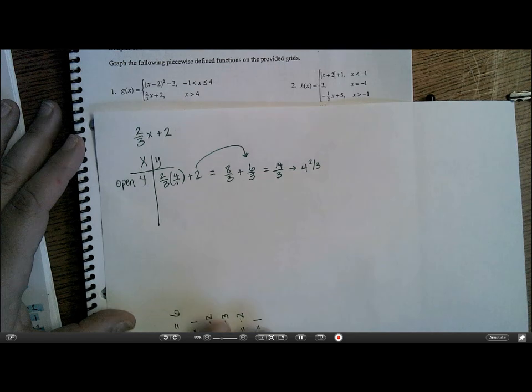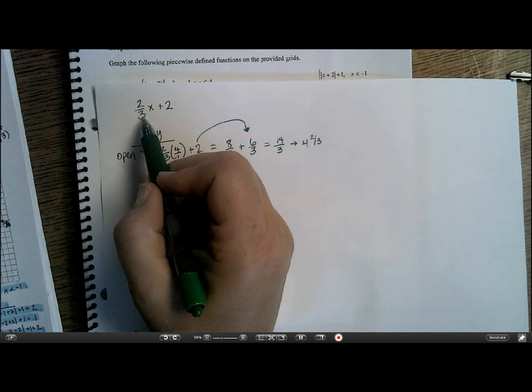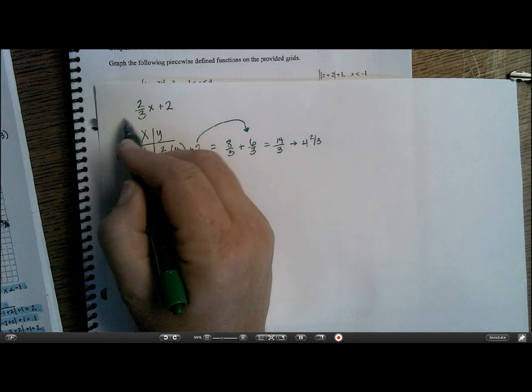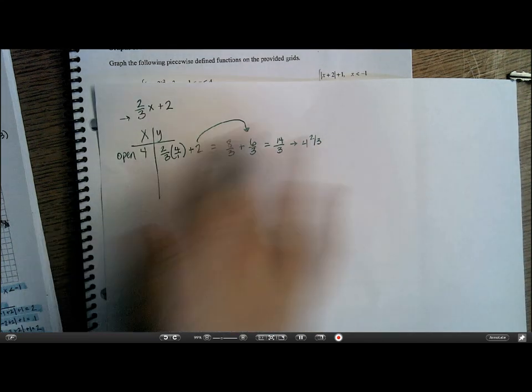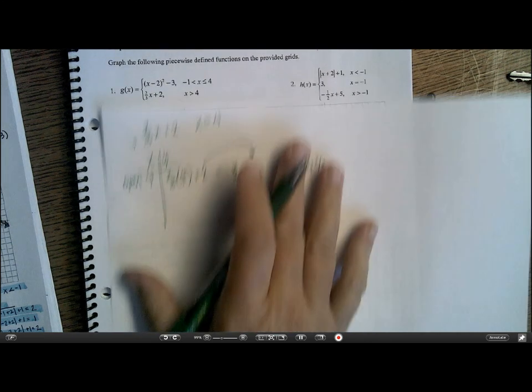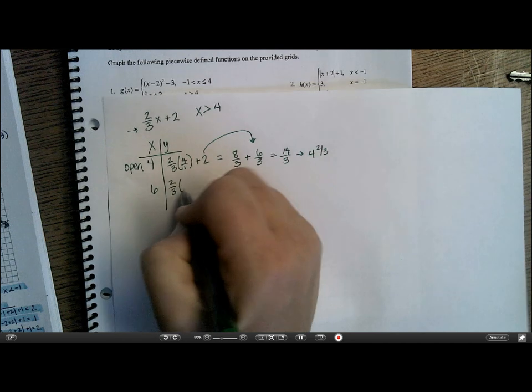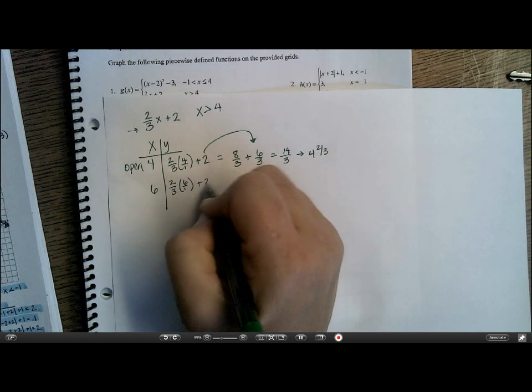The next point that I want to pick, because I don't want to have to deal with fractions, is going to be any multiple of the denominator that fits within the domain. Remember, we are allowed to have only x values that are bigger than 4. So I'm going to pick 6. So I've got 2/3 of 6/1 plus 2.